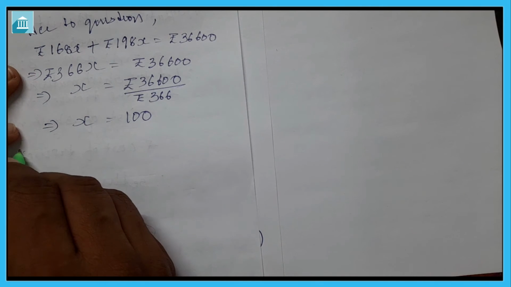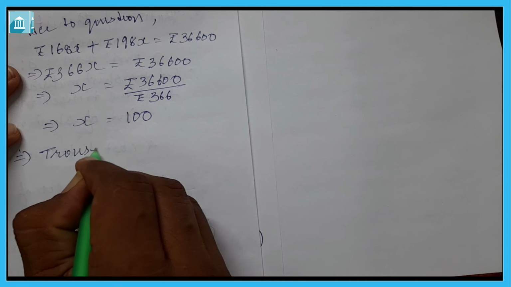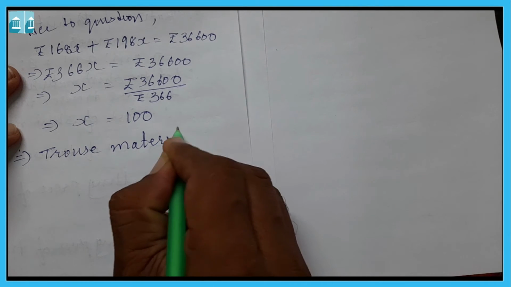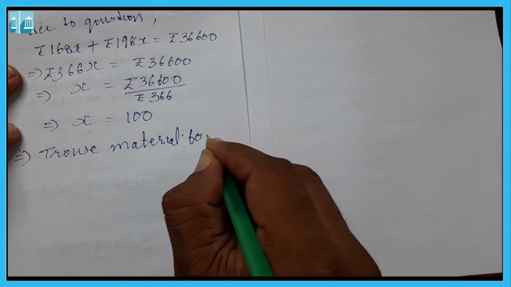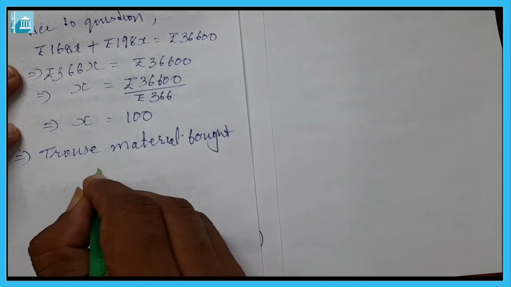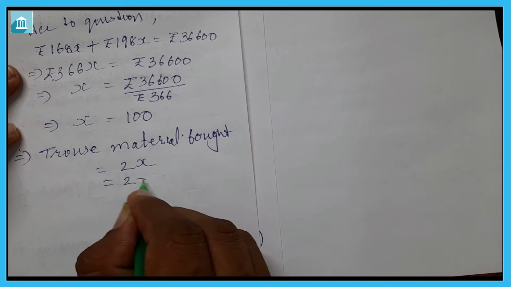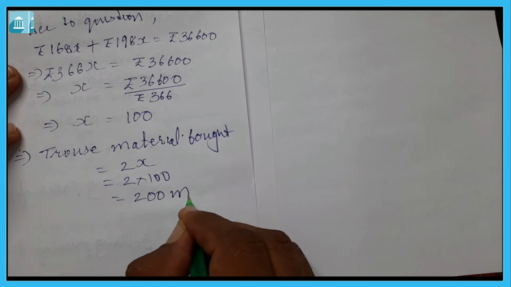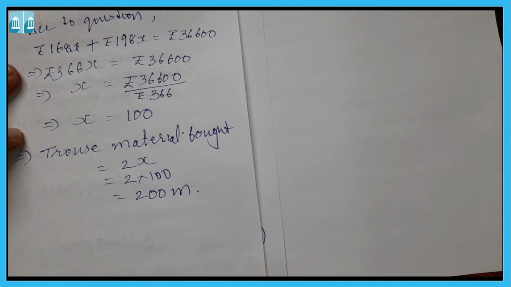So the trouser material bought is equal to 2x, which is equal to 2 into 100, which is equal to 200 meters. So the material bought is 200 meters.